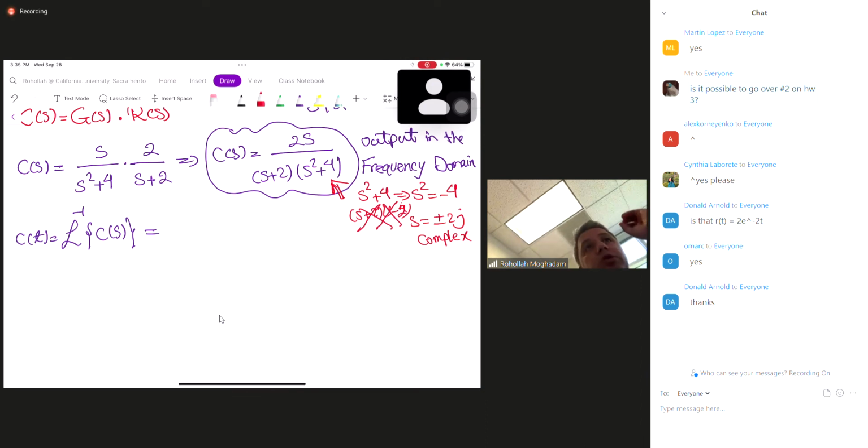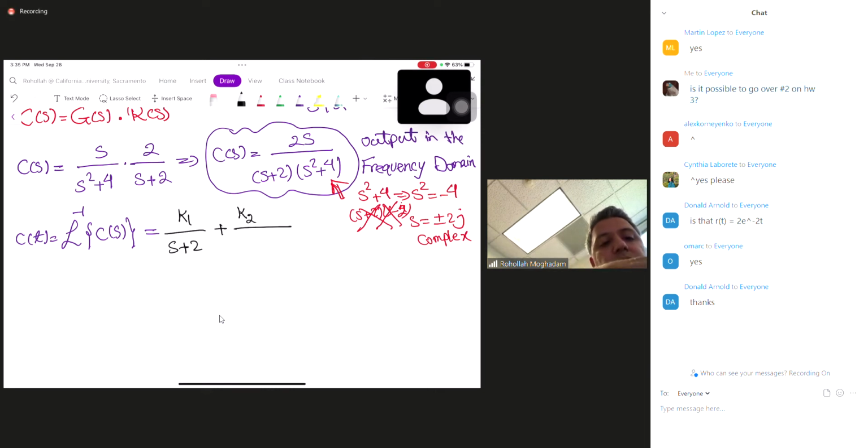So you need to check if the roots are complex, real, or real and repeated. Since the roots are complex, we need to write it as k1 over s plus 2 plus k2s plus k3 over s squared plus 4, right?